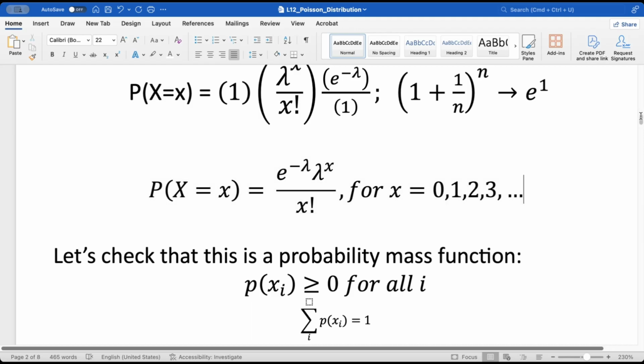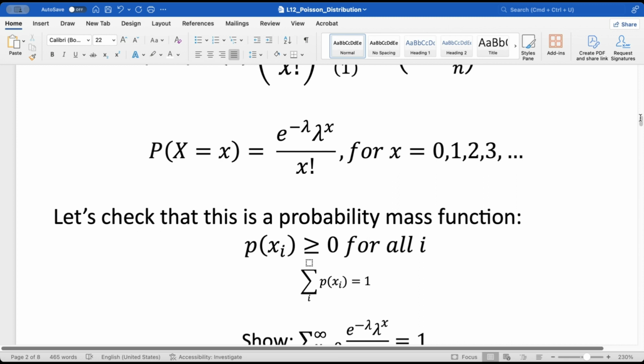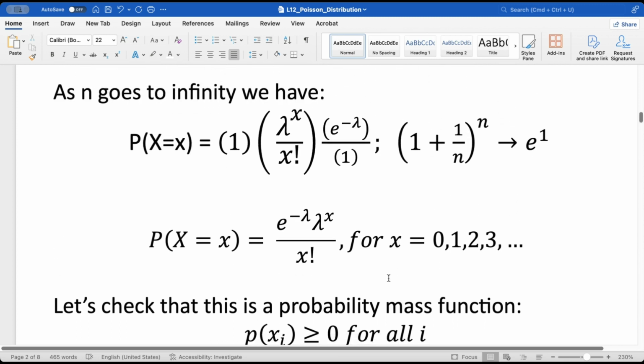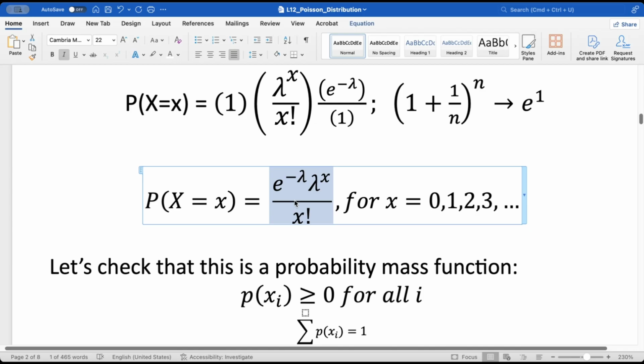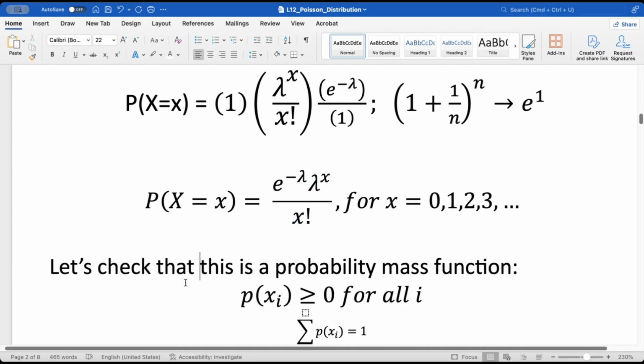So as long as lambda is positive, then this expression should stay positive. Lambda is the mean rate of occurrences, so lambda cannot be negative, so this expression will always be positive. Now, showing the sum is 1 is a little bit trickier.